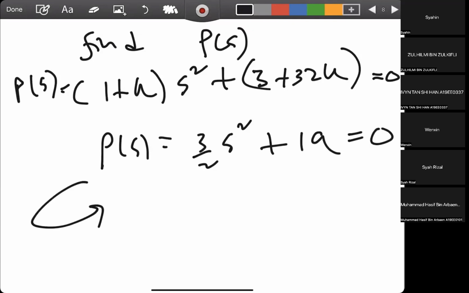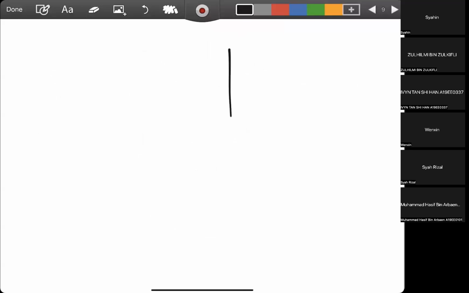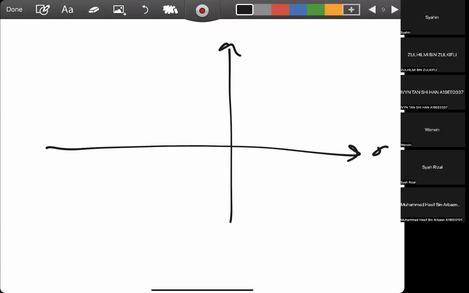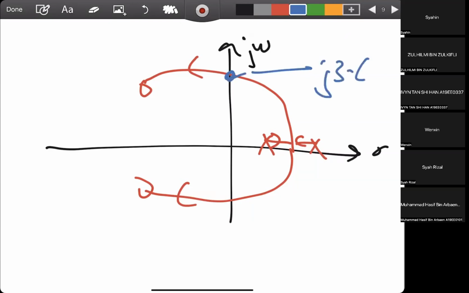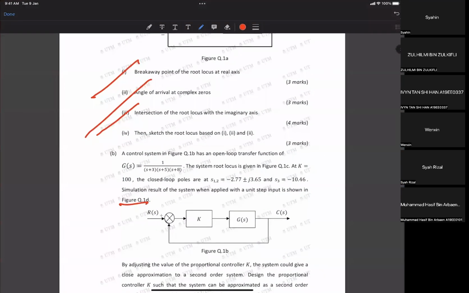So simplify, you will get s equal to plus minus j 3.6, which is located over here. Then sketch the locus based on 1, 2, and 3. Okay, already sketched.